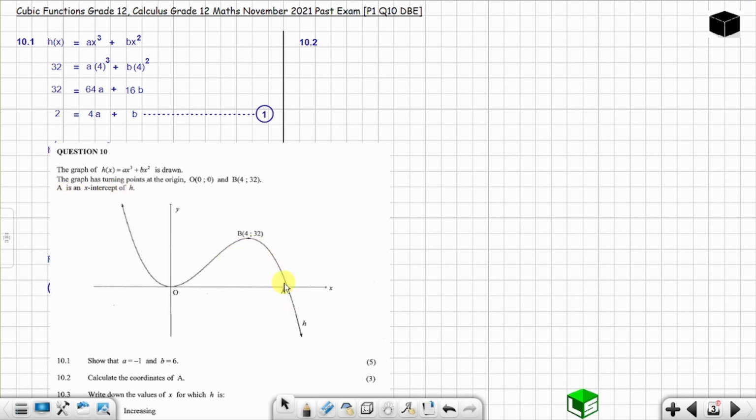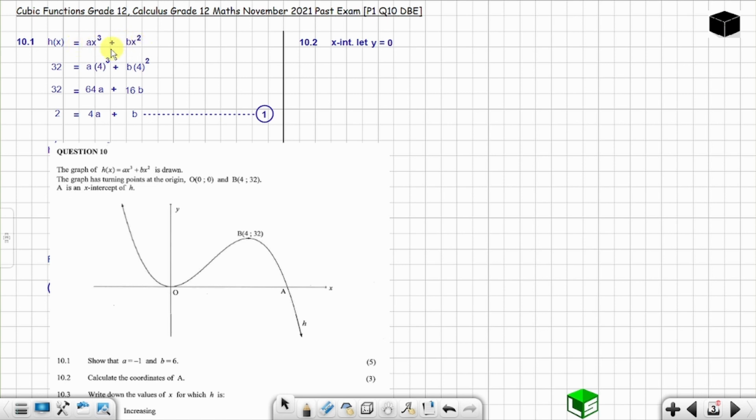You know that to find the coordinate of the x-intercept, what you have to do is to let y equal to 0. So to get the x-intercept, you let y equal to 0. So this is your equation h of x. You have your a, which is negative 1, and your b, which is 6.